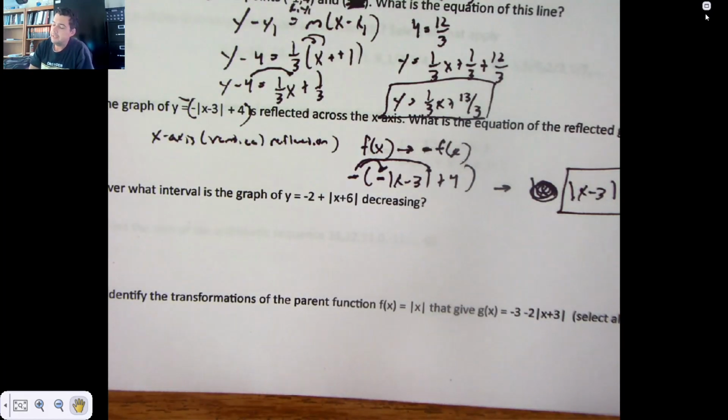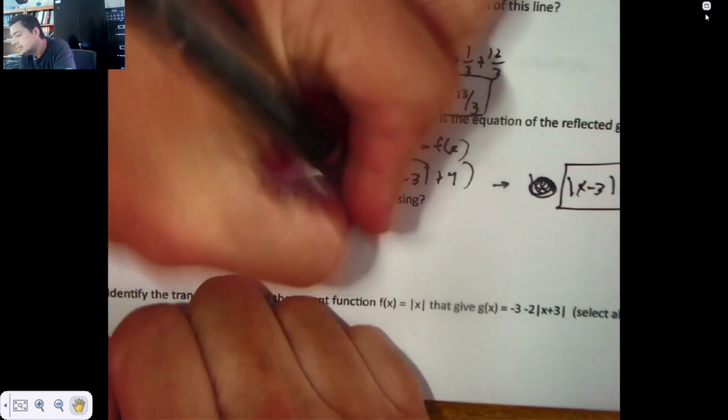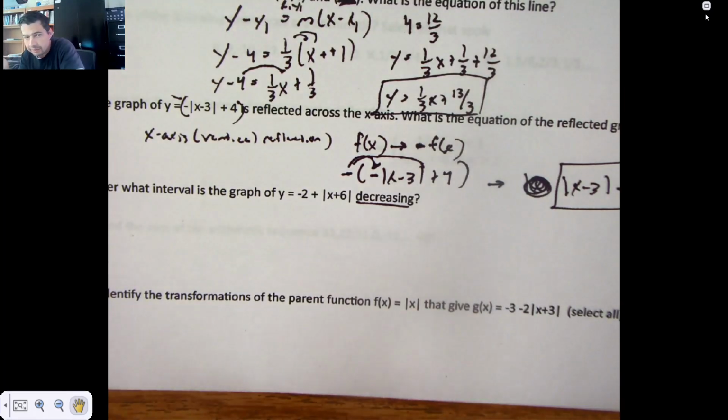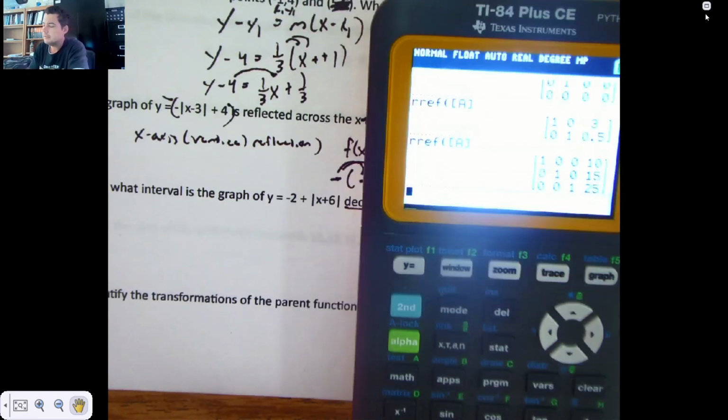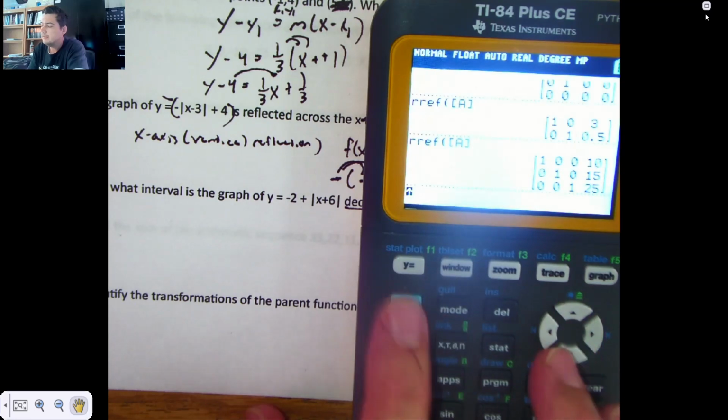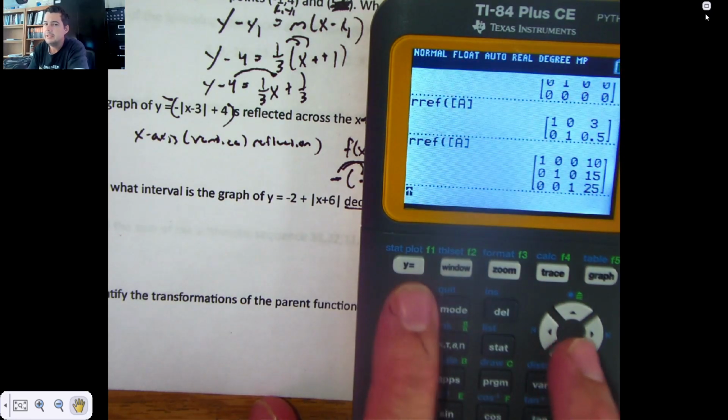All right, number 9. Over what intervals is the graph of y equals negative 2 plus the absolute value of x plus 6 decreasing? I can do these in my head, but I picture the graph in my head. And what kills me about you guys is, watch this. You guys had TI-84s in front of you, and you didn't do this.